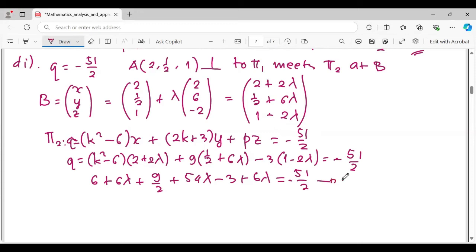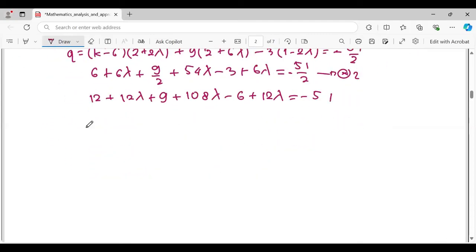And then multiply by 2, it is 12 plus 12 lambda plus 9, 108 lambda minus 6 plus 12 lambda minus 51. And after that, it becomes, calculate, it's going to be 132 lambda equals minus 15.